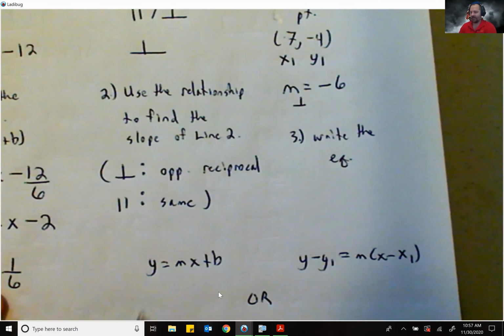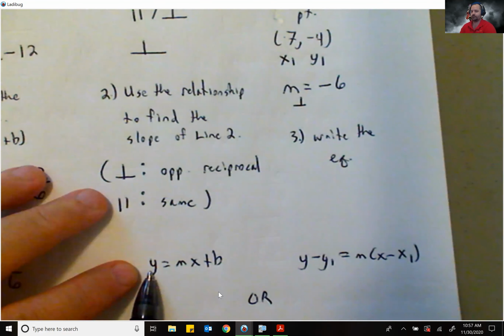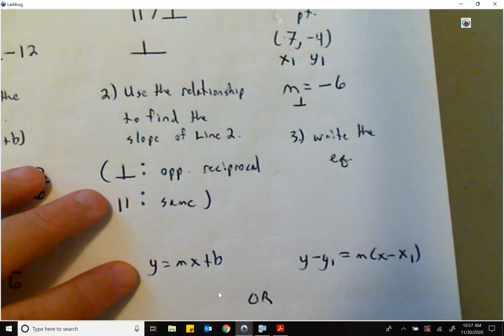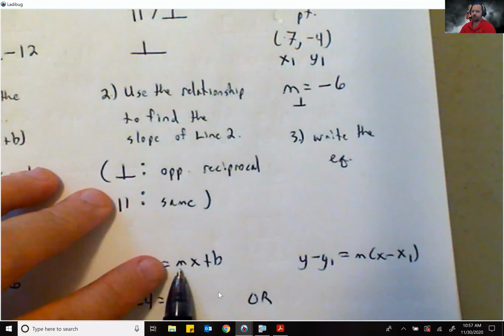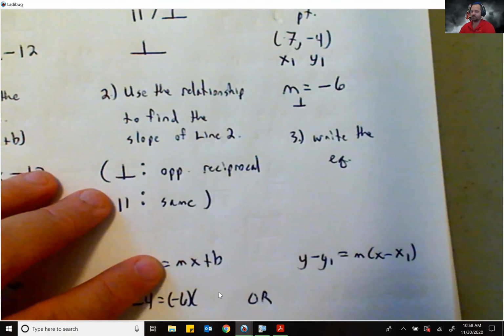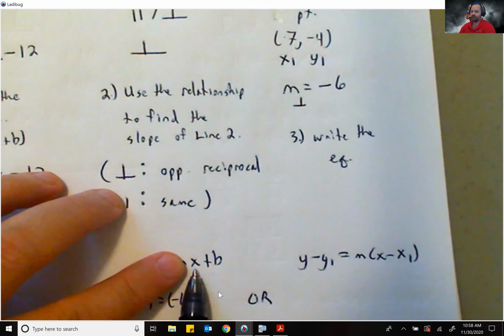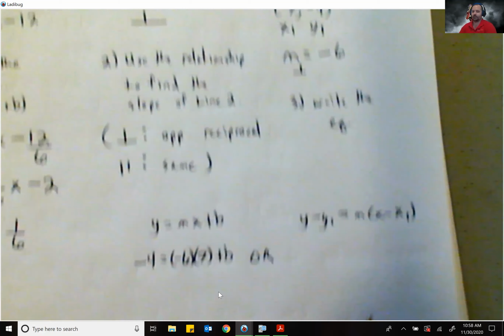So what's our y value? -4. Equals, what's our m? -6. What's our x? 7. Plus b. All right.